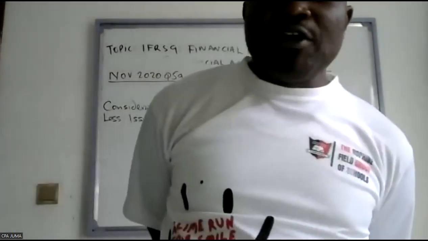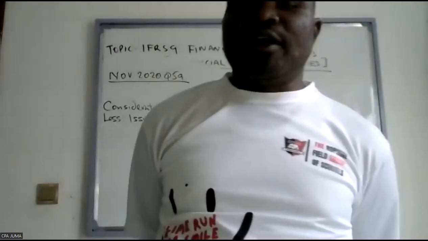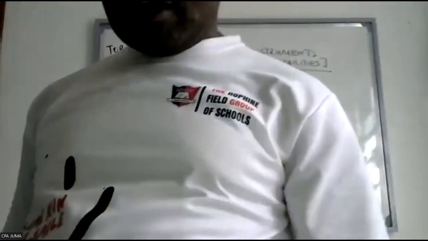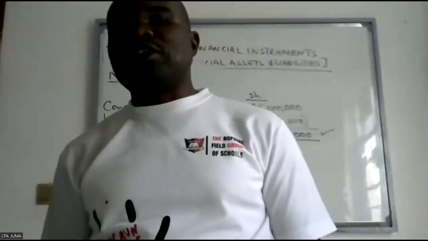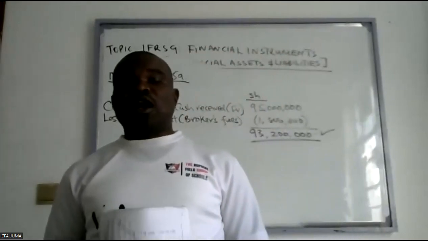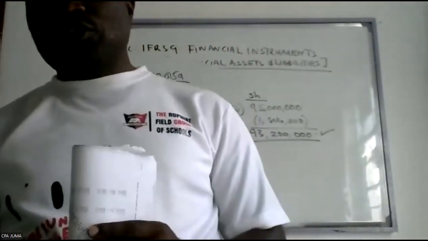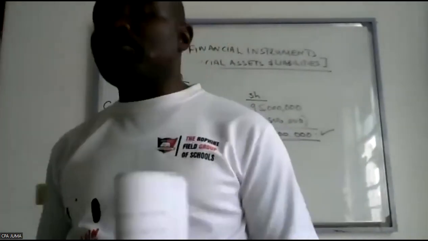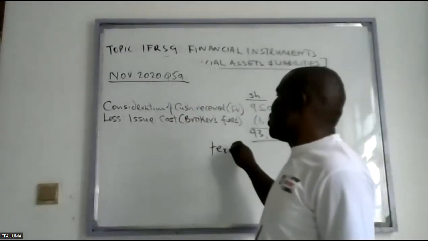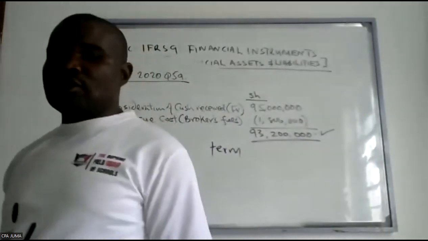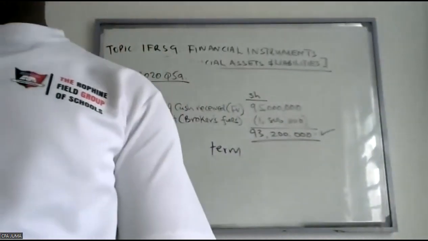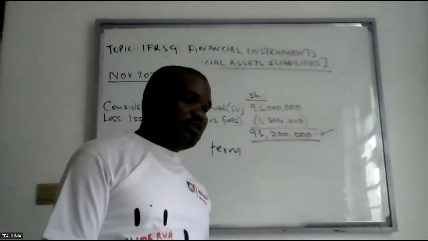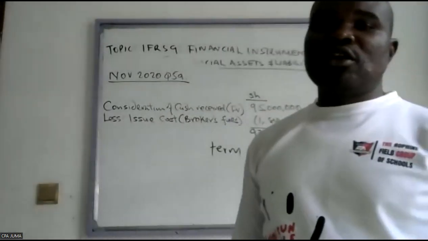However, IFRS 9 requires that the bond should be amortized over the bond term, or the bond period, using the effective market interest rates as follows.